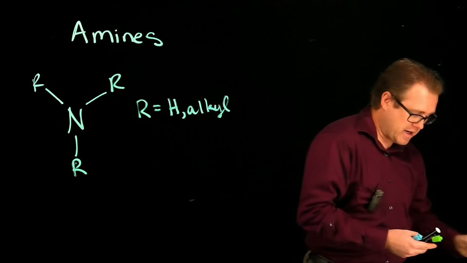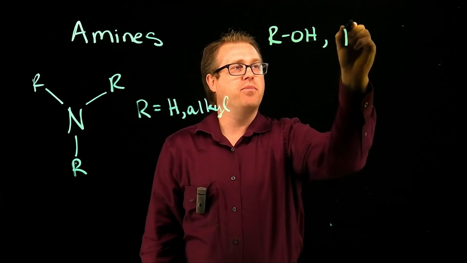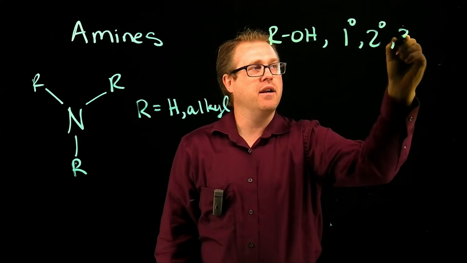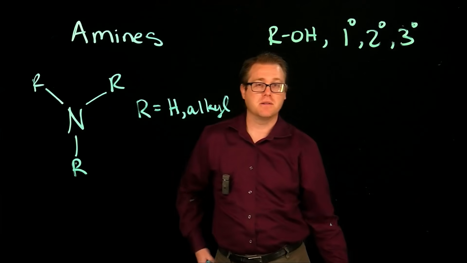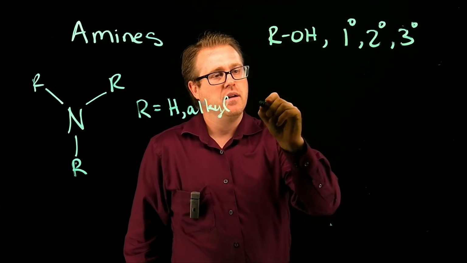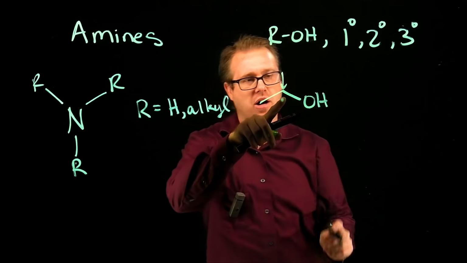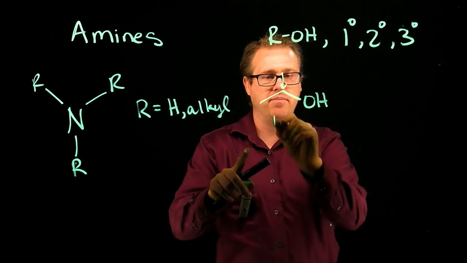Do you recall when we looked at alcohols? We could have primary, secondary, and tertiary alcohols. And you recall that it depended on how many carbons were attached to that carbon. So that would be a primary.